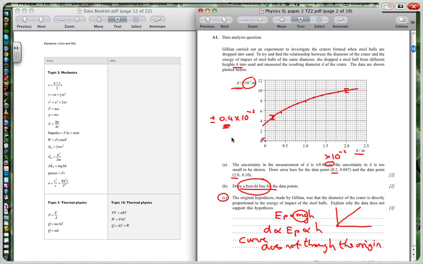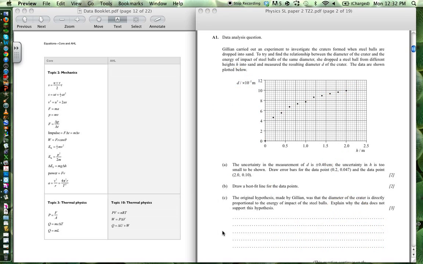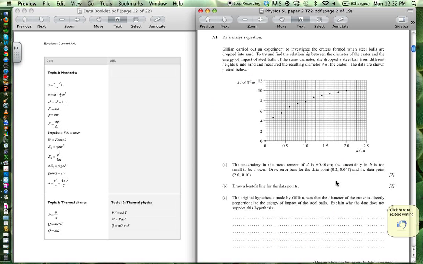So you need to explain this. You need to explain what it means when it says it's proportional. You need to explain why the potential energy is proportional to the h, and therefore the diameter is proportional to the h. Why that would indicate that your total energy is also proportional to the h. Good.